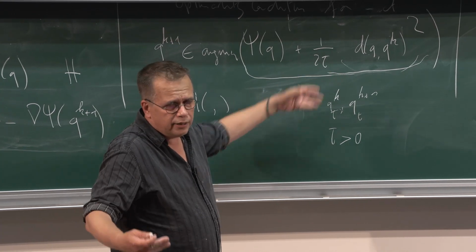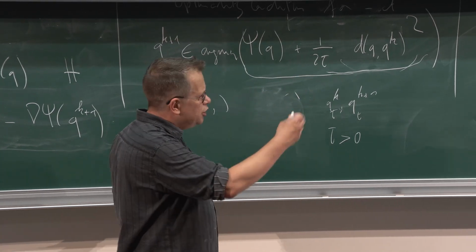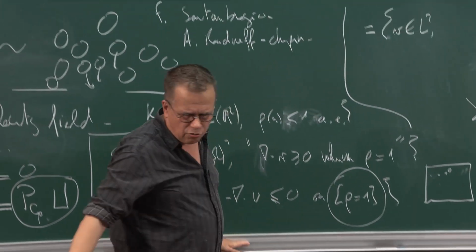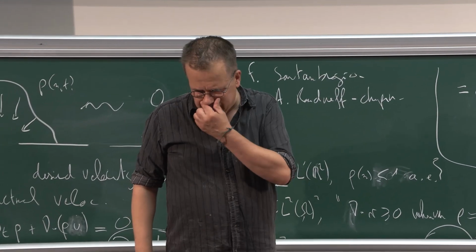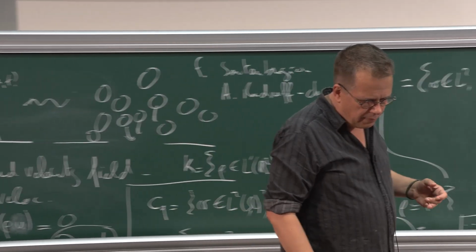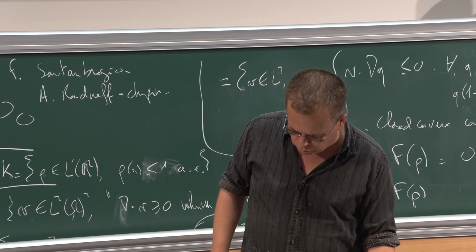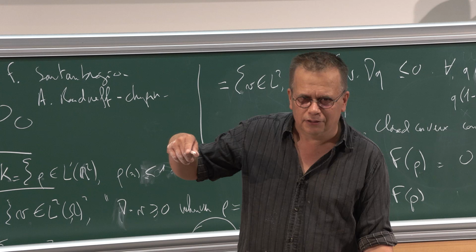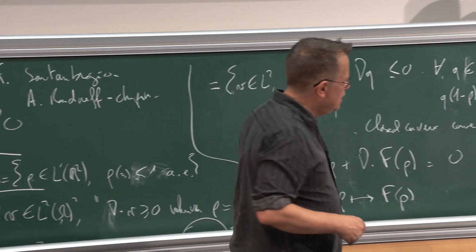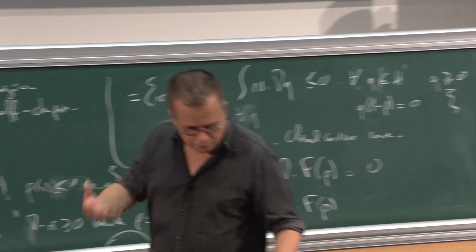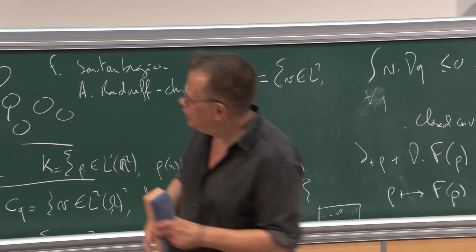Not only was it not created clearly for crowd motion, we used it, but this comes back to, I would say, a paper in 1998 by Jordan, Kinderlehrer, and Otto, to interpret the gradient flow of some very special functional, which I would like to talk about.